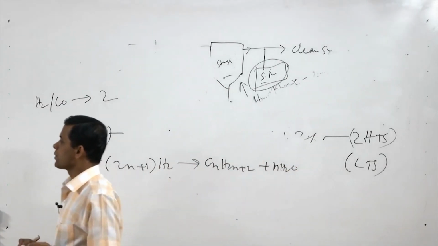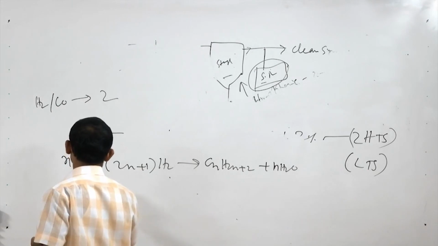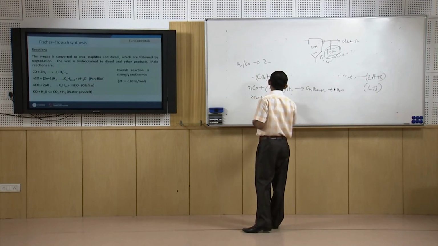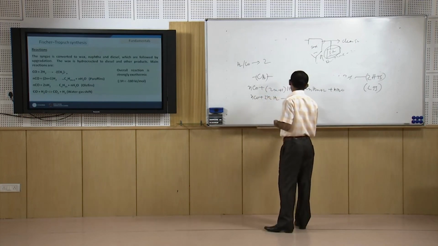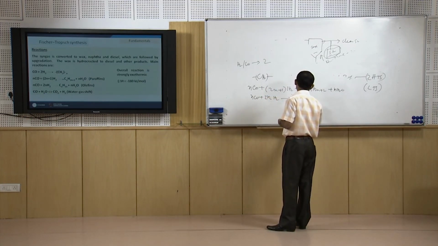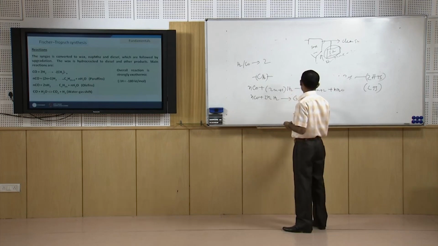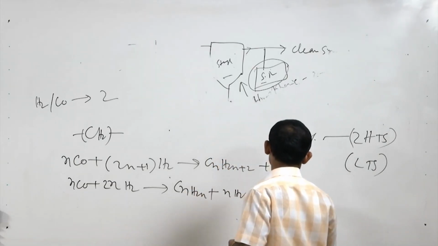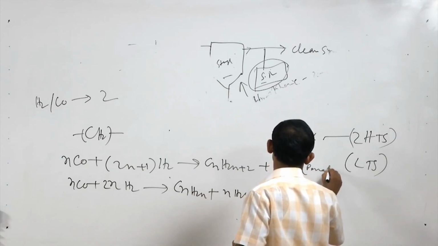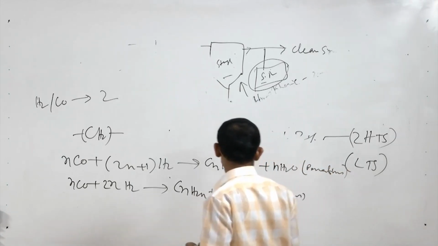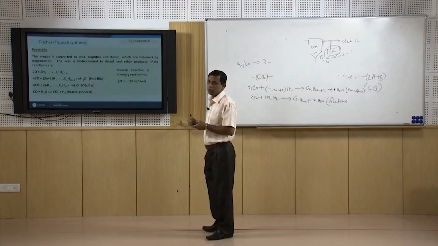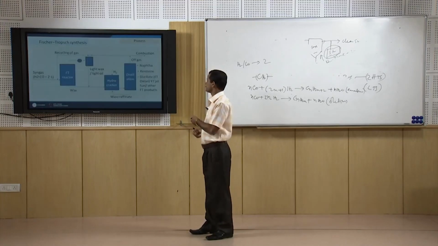This is for paraffins, and nCO will react with 2nH2 and give us CnH2n plus nH2O. So, this is your olefin and this is your paraffin. And shift reactions also take place in this reactor.